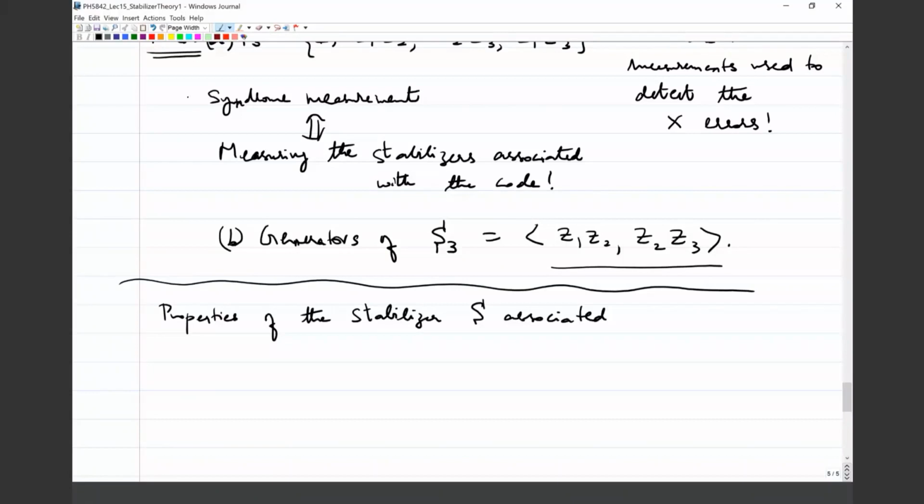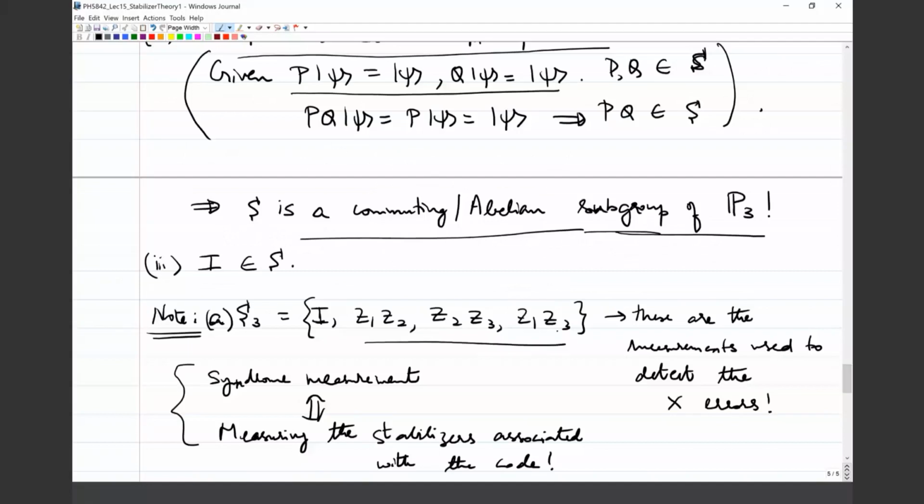This equivalence which we have noted here is going to hold beyond just the 3-qubit code. See, the idea is this: you have identified some set of operators which leave the code space invariant. The information that you want to protect is sitting inside the code space. What do the errors do? They corrupt this information, so they take you outside the code space. How do you detect this?